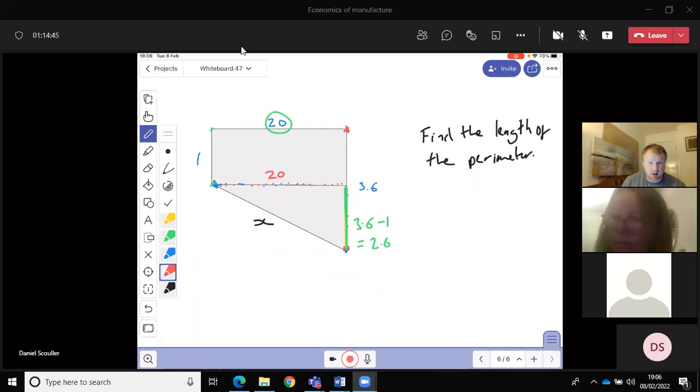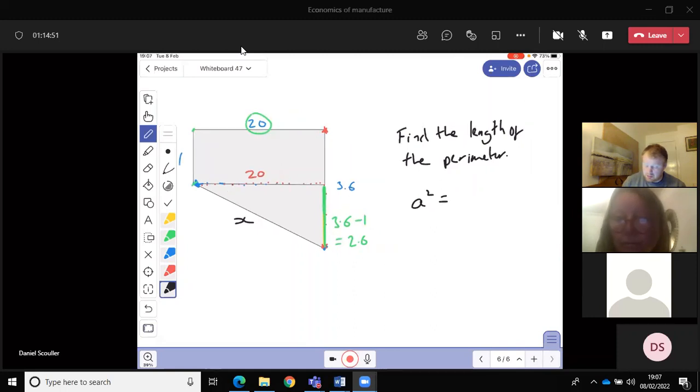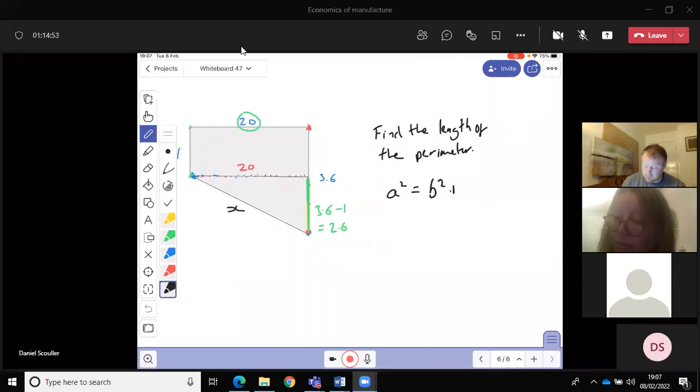So we've got our right angle triangle, and we're working out to find the hypotenuse. The square root of (20 squared plus 2.6 squared). Putting that in a calculator: 406.76.